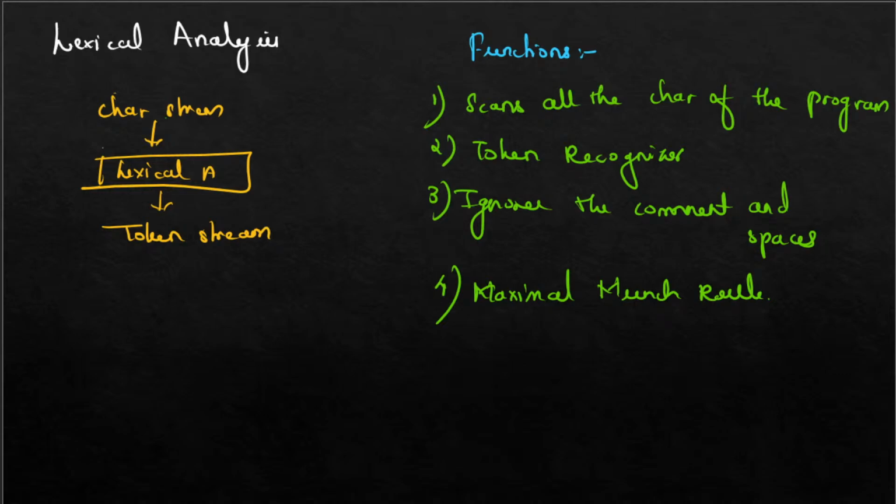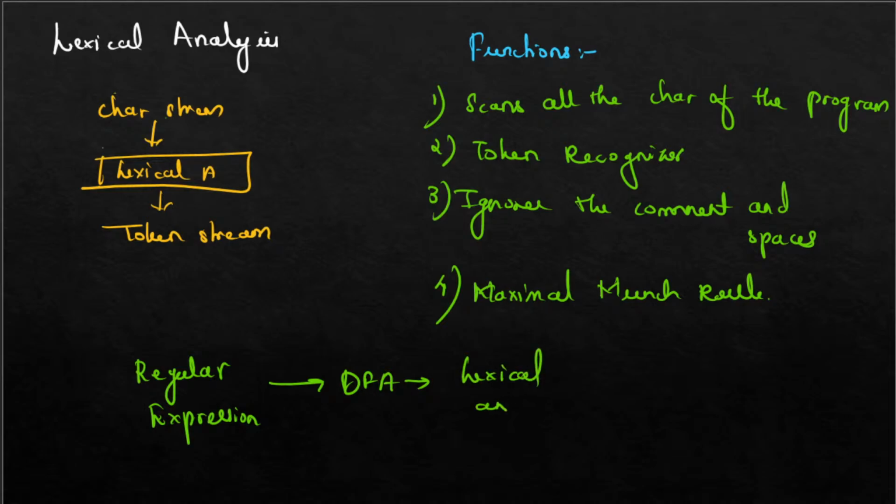Separators are spaces and punctuation. Each identifier will make an entry into the symbol table, and the lexical analyzer makes these entries. So it is like a regular expression, after that DFA, then the lexical analyzer.